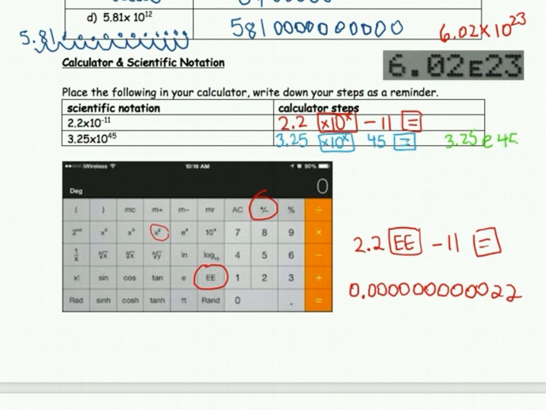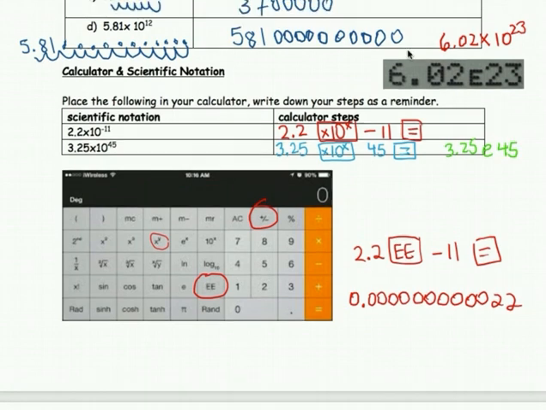The main thing is when your calculator is showing the answer like this, you cannot write it like that onto your test or assessment. So make sure you convert it back to this form here. That e is the times 10. The number that comes after the e is the exponent.